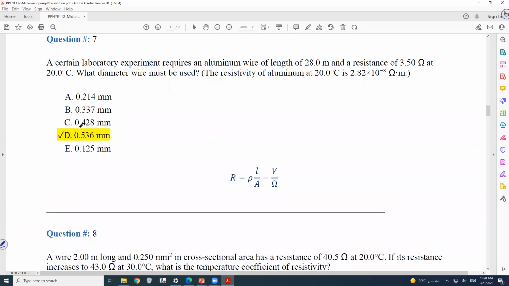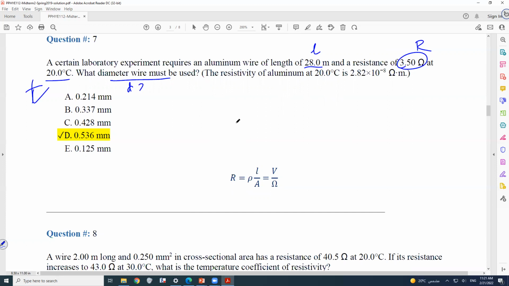Number 7, a certain laboratory experiment requires an aluminum wire of length 28 meters and a resistance of this many ohms at a certain temperature. What diameter wire must be used?